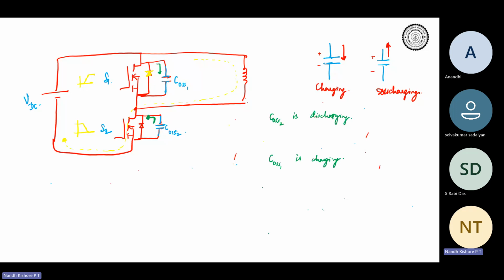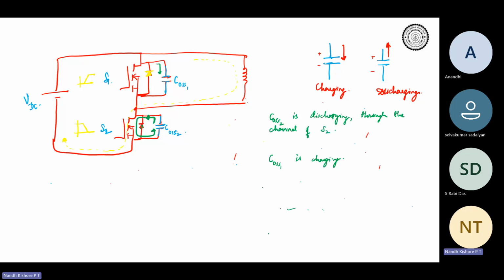So you will see that the current will complete its path through the channel of the switch. It cannot flow through the diode obviously. So COSS2 is discharging through the channel of S2.